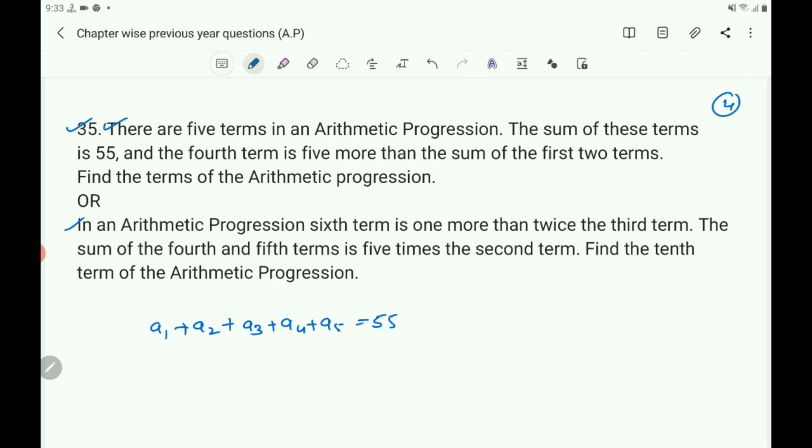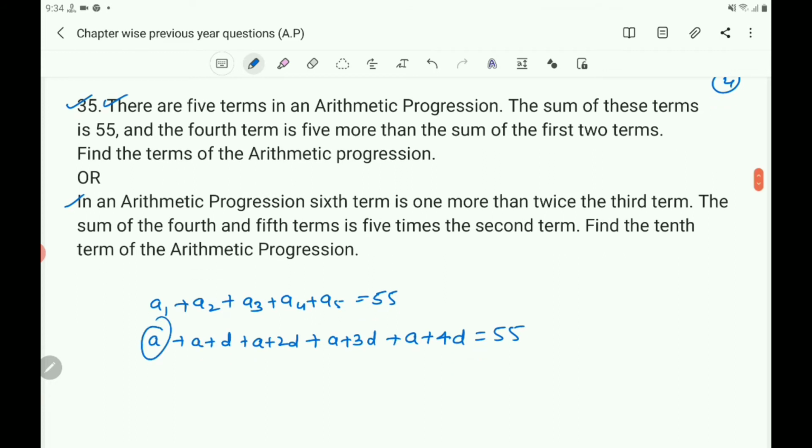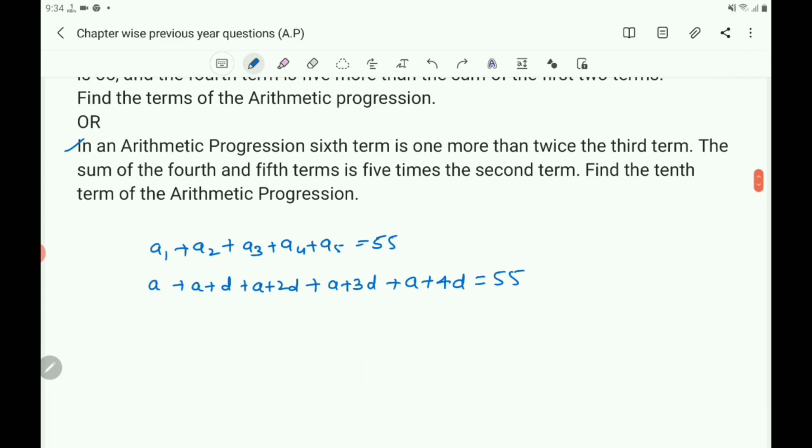Then you write in terms of A and D. A1 is A, A2 is A plus D, A3 is A plus 2D, A4 is A plus 3D, A5 is A plus 4D, equals 55.